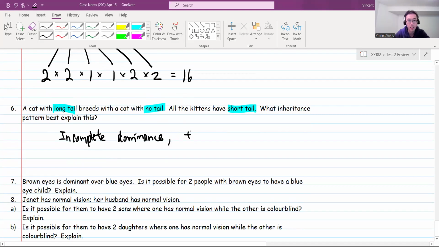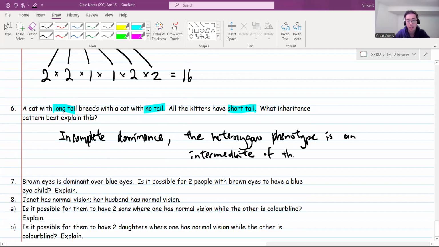The heterozygous phenotype is an intermediate of the homozygous phenotypes. Not long, not none, somewhere in between. Short.